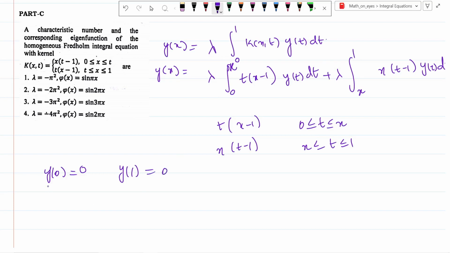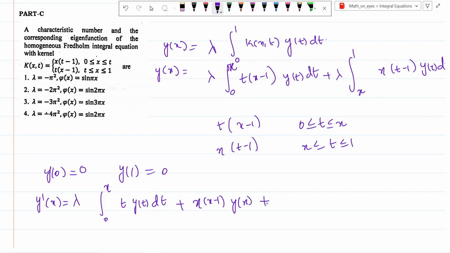Right. So these are all the conditions, and also y of x is equal to lambda times integral 0 to x. This can be solved by using the Leibnitz rule. Y dash of x is equal to lambda outside, integral 0 to x. Differentiation of this part will give us t into y of t dt, plus if I put x in the place of t, I'll have x into x minus 1 into y of x, and your lower limit is 0, so the lower limit part will be 0.